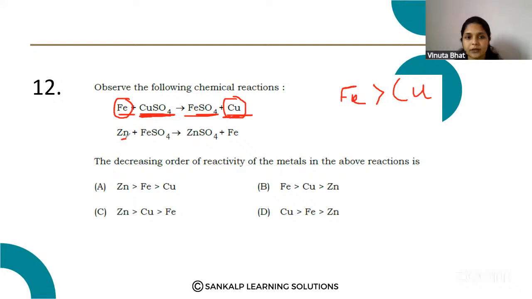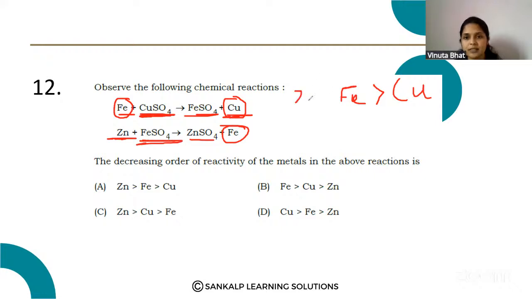Then see the second one, when the zinc reacts with the ferrous sulfate, zinc sulfate is formed and Fe is displaced here, because zinc has more reactivity than the ferrous. So zinc is able to displace the ferrous from its solution. Ferrous sulfate means iron sulfate solution.